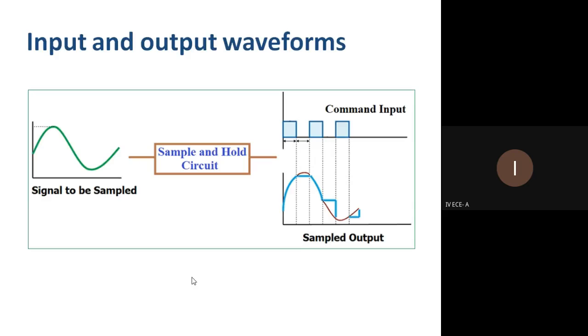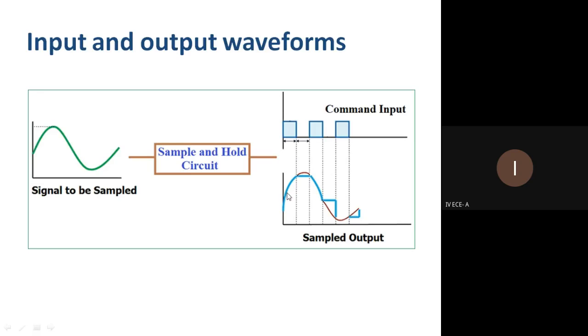Right. This diagram shows the input and output waveforms of the sample and hold circuit. Here the green curve shows the signal to be sampled, the input analog signal given to the sample and hold circuit. Then, based on the control signal, digital logic 0 and logic 1 as a train of pulses, when the pulses are high, the MOSFET transistor is on.